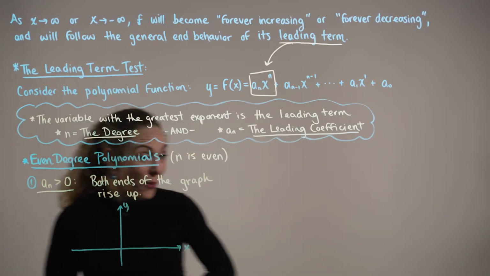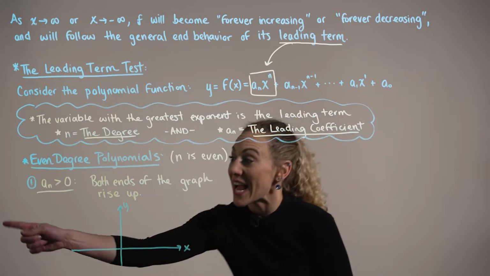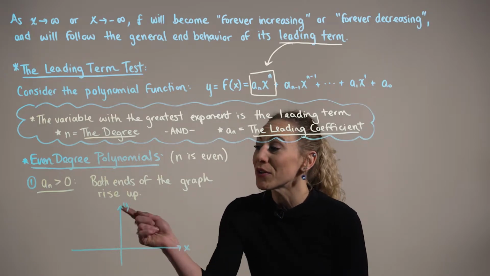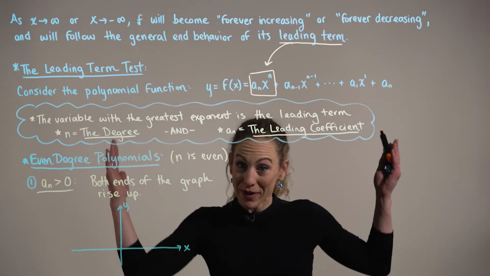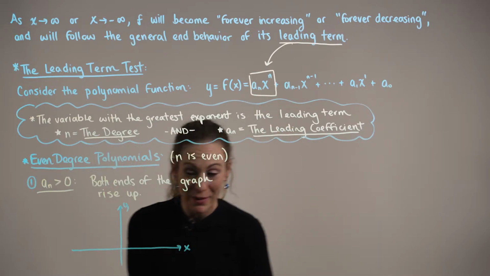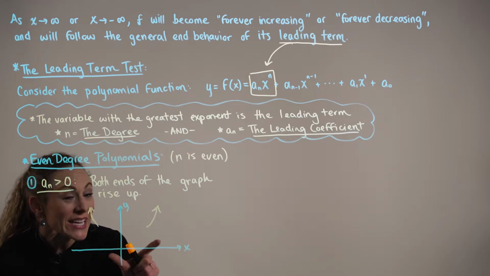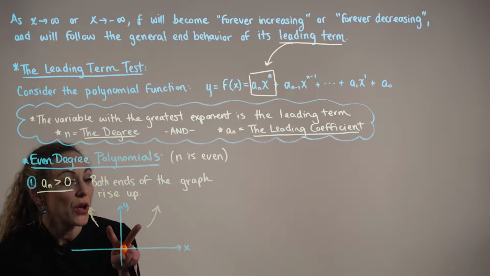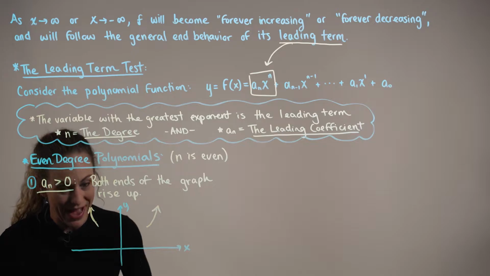So when we're working with an even degree polynomial that has a positive leading coefficient, then we can conclude that both ends of the graph are going to point up, like the parabola. So, for example, while we don't know what's going on in between the ends, since we have an even degree with a positive leading coefficient, we know both ends are rising up or growing, increasing without bound.